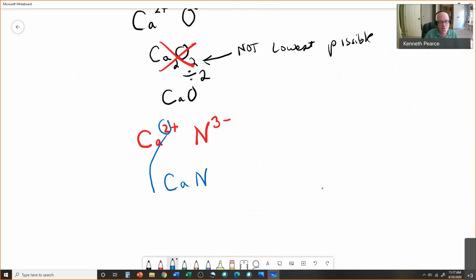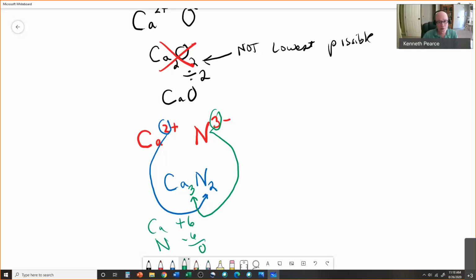The 2 is going to cross down onto the nitrogen, and the 3 is going to cross over to the calcium. Notice that the subscript is low and to the right. Once again, 3 times 2 plus gives me plus 6 on the calciums, and 2 times 3 minus gives me minus 6 on the nitrogens, and that gives me a net 0, which is exactly what we want.